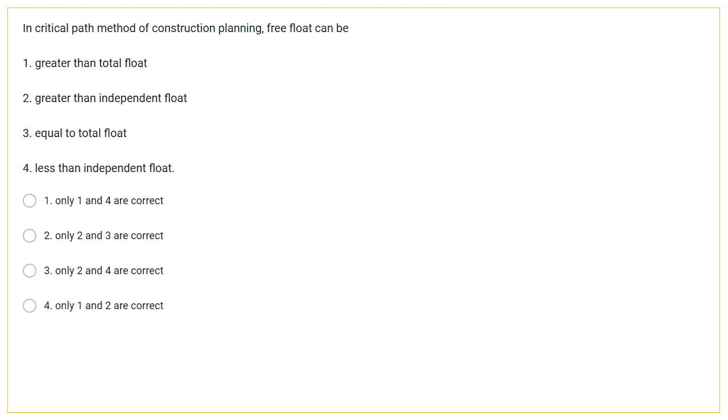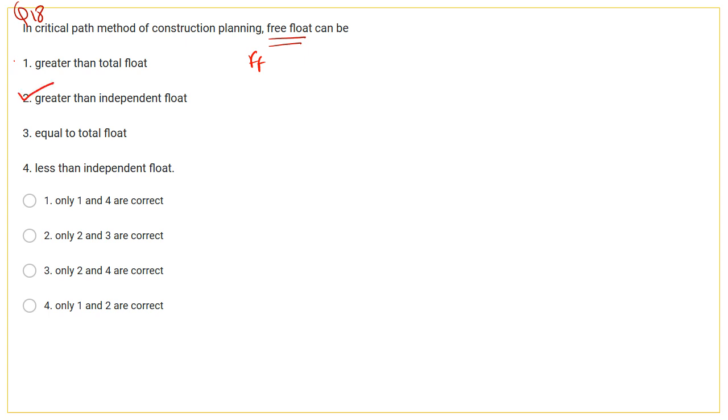The next question, question number 18. In the critical path method of construction planning, free float can be. Okay, here free float can be: first option, greater than total float. Free float is not greater than the total float. Then second, greater than independent float.